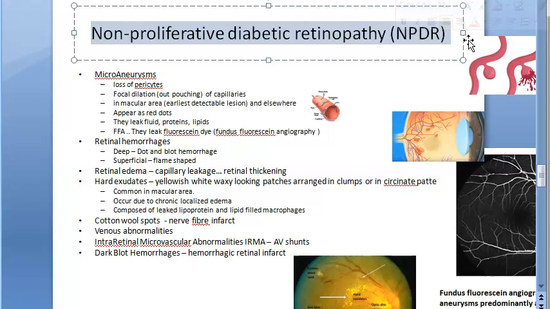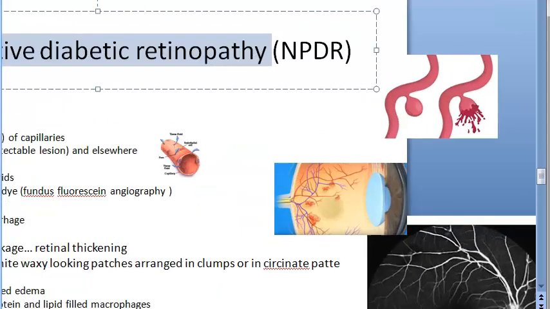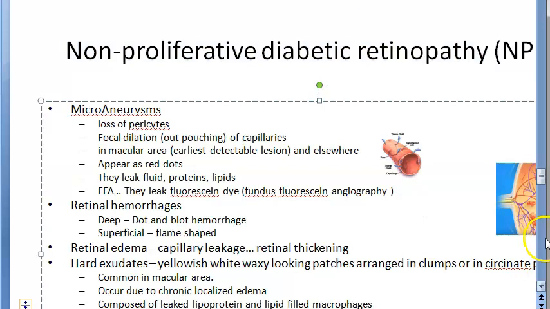When there are IRMAs, intraretinal hemorrhages, venous beading, loops, widespread capillary non-perfusion, that is CNP, capillary non-perfusion areas. Whenever these are more, they can take the non-proliferative diabetic retinopathy into a proliferative diabetic retinopathy. Now let us look at that here.